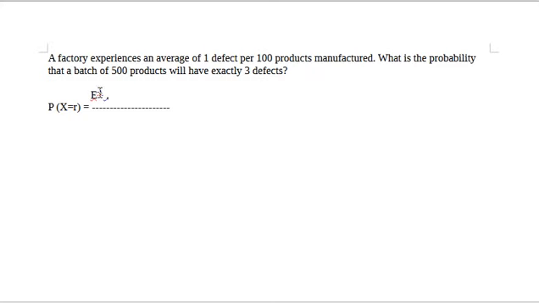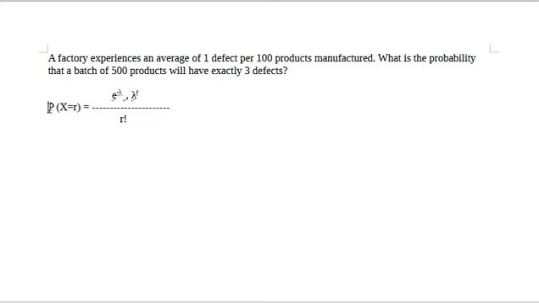Lambda to the power r. Okay, e to the power minus lambda. Now this is not a capital E, it will be a small e only. Lambda to the power r, and divided by r factorial.